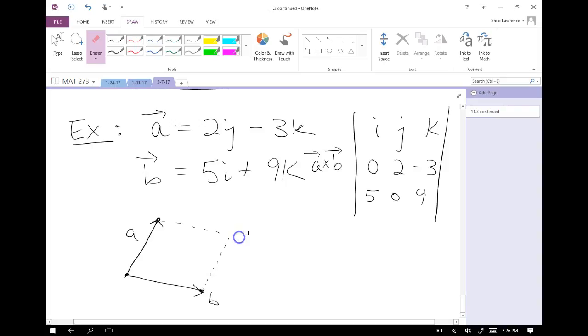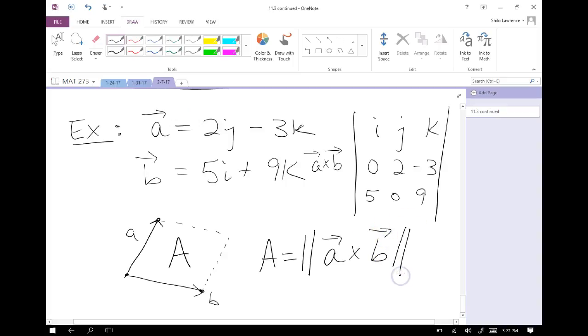B cross A would just come out with an opposite sign. All the coefficients will have opposite signs, but the magnitude would still be the same. So the area inside here is the magnitude of the cross product. A cross B would be going into the board.